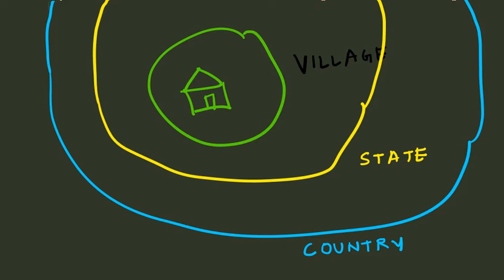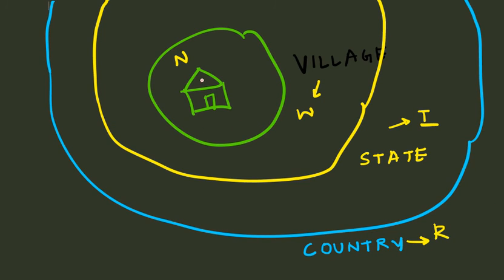So in a similar way, let's consider this house to be a natural number. Okay, all the natural numbers will be included in a village. Let's consider it to be a whole number. Now all the whole numbers will be included in a state. All the whole numbers will be included in an integer. Now all the integers will be included in a rational number.